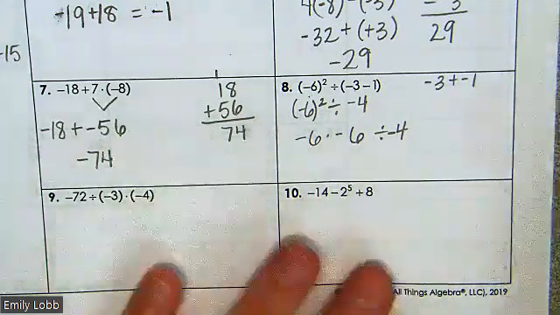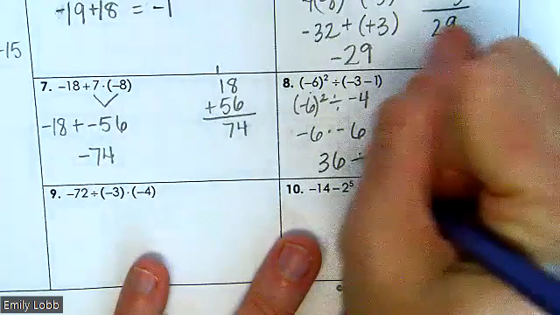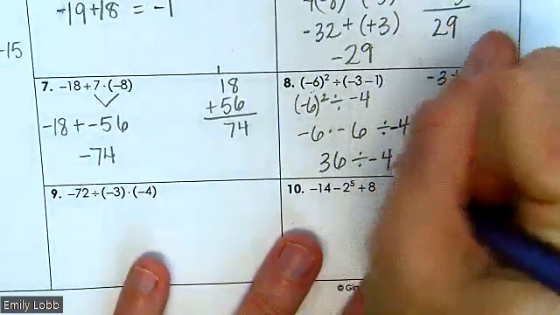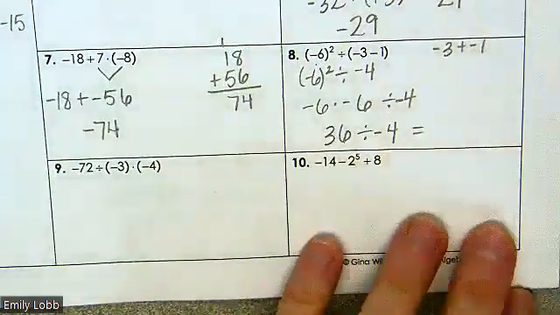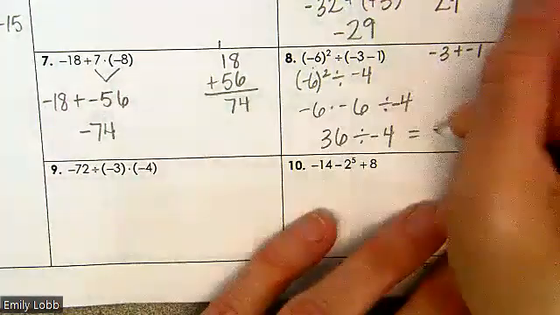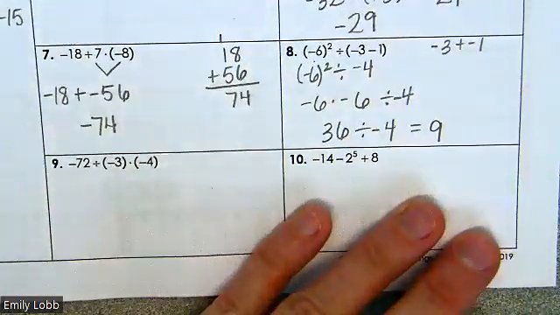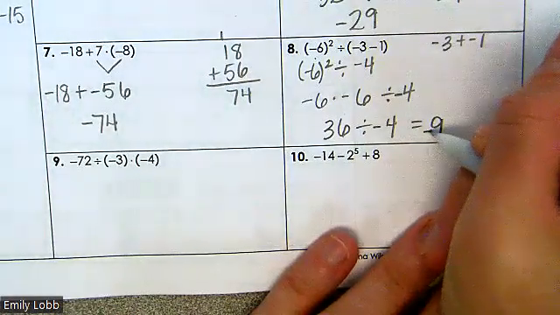My signs are the same, so it's positive. 36 divided by -4. 4 times what is 36? Some of you need your multiplication tables out apparently. 4 times 6 is 24. 4 times 9 is 36. And is it positive or negative? Negative, because my signs were different.